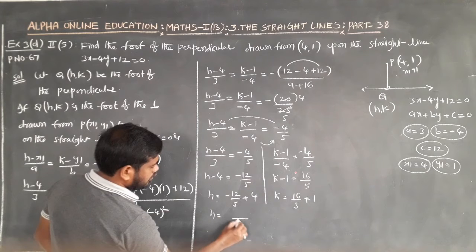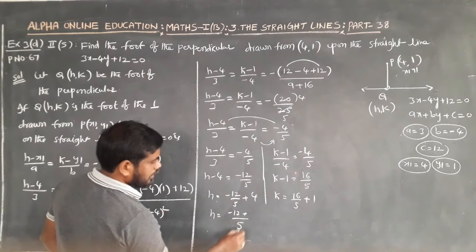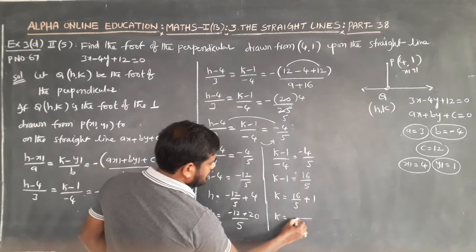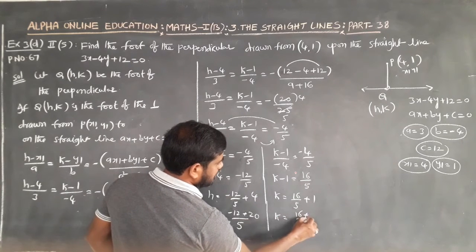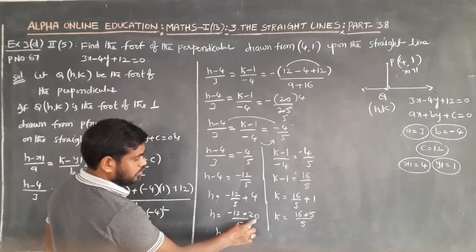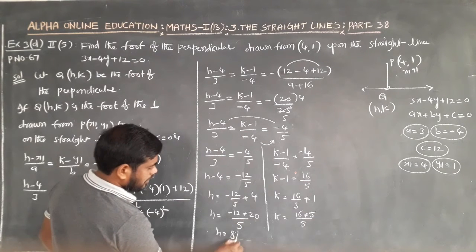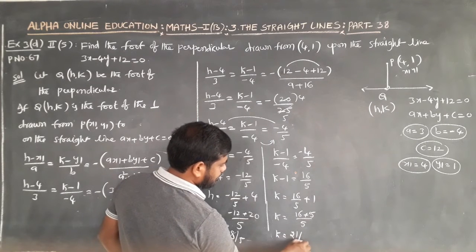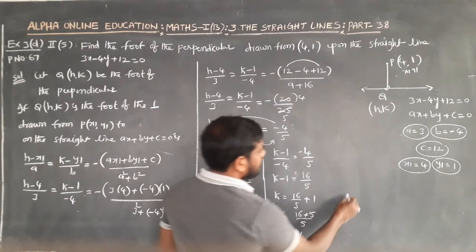h is equal to LCM 5: minus 12 plus 5 fours are 20. k is equal to LCM 5: 16 plus 5 ones are 5. So h is equal to 20 minus 12, 8 by 5. k is equal to 16 plus 5, 21 by 5.